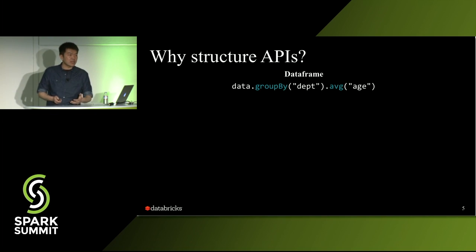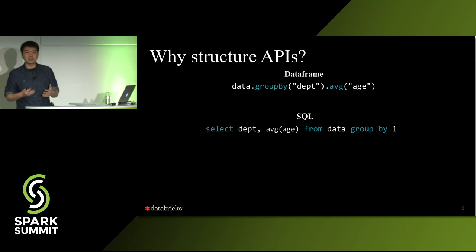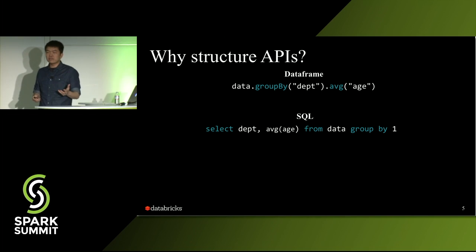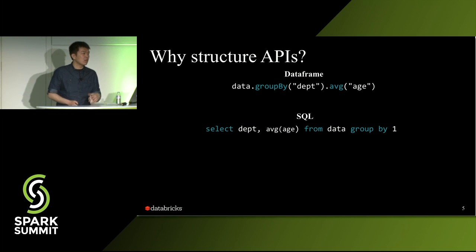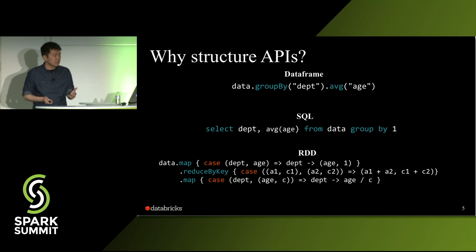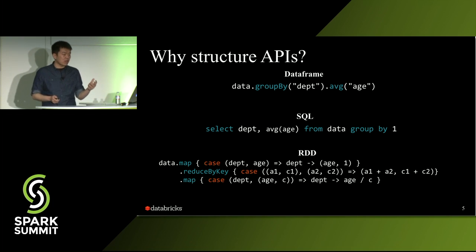With structured APIs like DataFrame and SQL, we can use a very short line to describe what kind of result we want without specifying how to get the result exactly. However, with unstructured APIs like RDD, we have to use more instructions to explicitly specify every step of the calculation. And also, the program is harder to read.